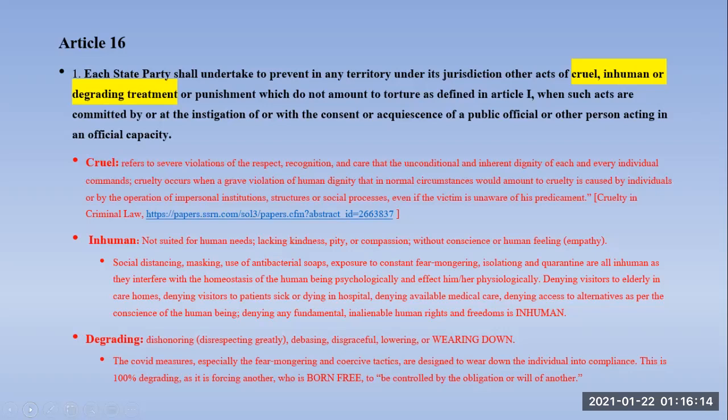Denying visitors to elderly in care homes, denying visitors to patients who are sick and dying in hospital, denying available medical care, denying access to alternatives as per the conscience of the human being, denying any fundamental, inalienable human rights and freedoms is inhuman.